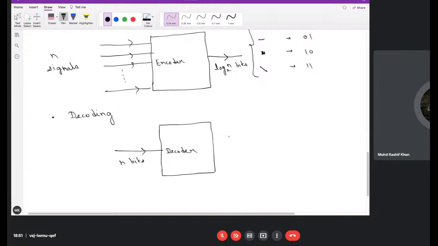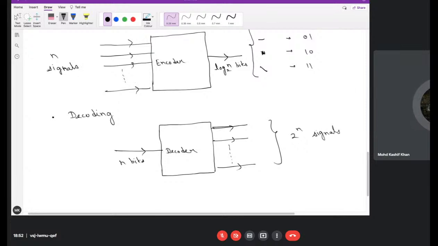Then what happens? With n bits, the number of possible signals is 2 to the power n, because we have seen that in the encoding, with log n base 2 bits, n signals are possible.